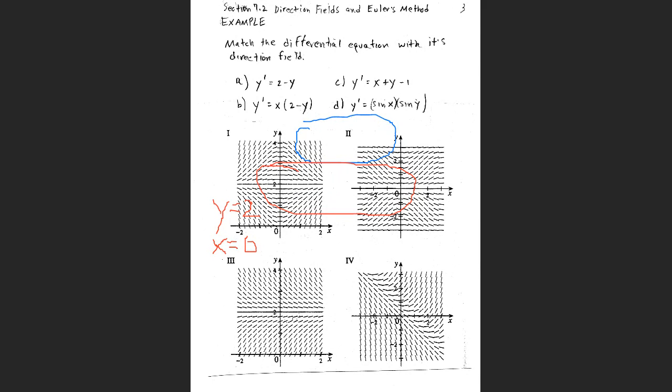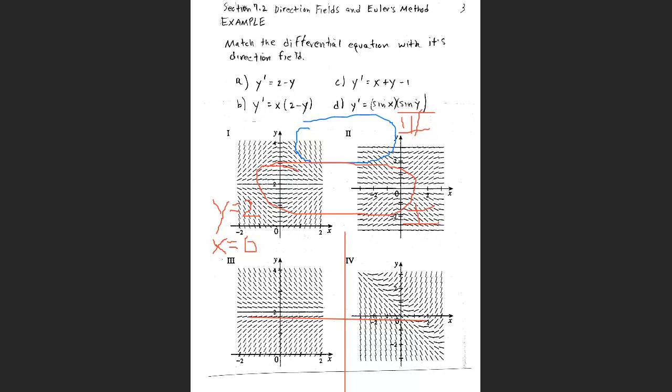So B would have to be choice 1, because in choice 1, you have flat slopes along the line y equals 2, but also along the line x equals 0. And that's not the case for 3. So very good. That means then that A has to be choice 3, B has to be choice 1.